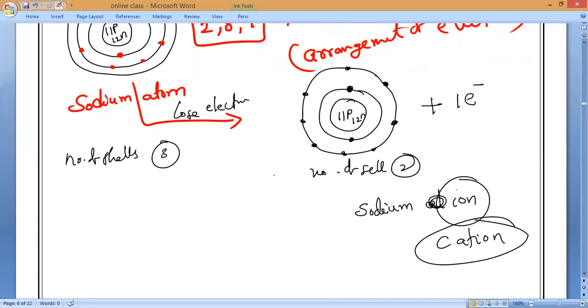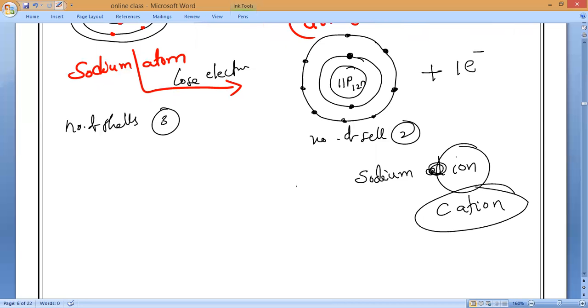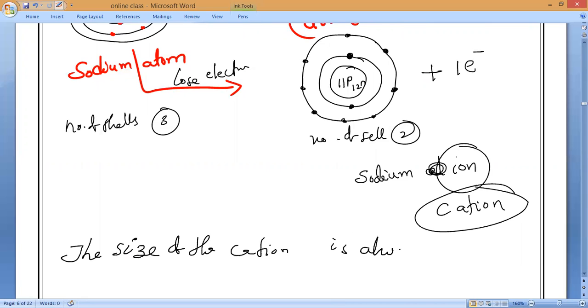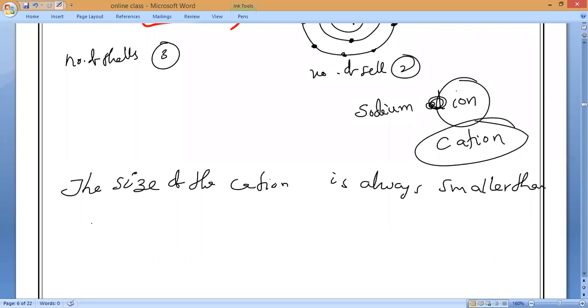So you can write: the size of the cation is always smaller than its neutral atom. That is a point I want to teach.